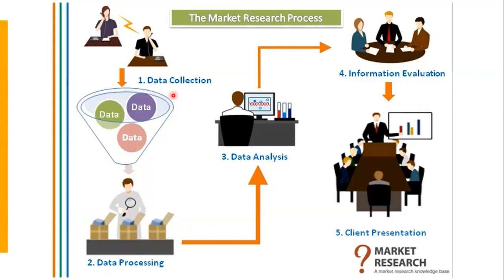It's kind of simple. The only thing that can be a little bit complicated is the collection of data, because it's like the first step. So usually to start something is the hardest part. Well, so let's check each step. Remember, this is the market research process.